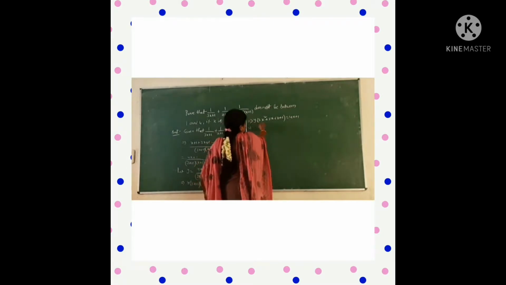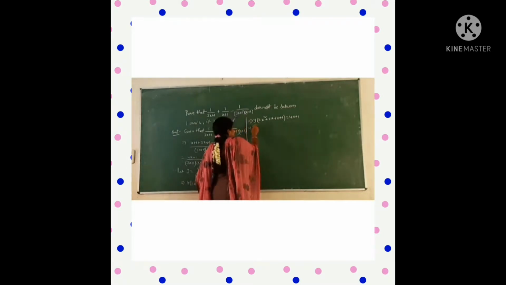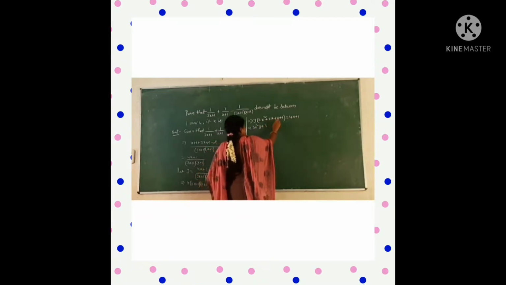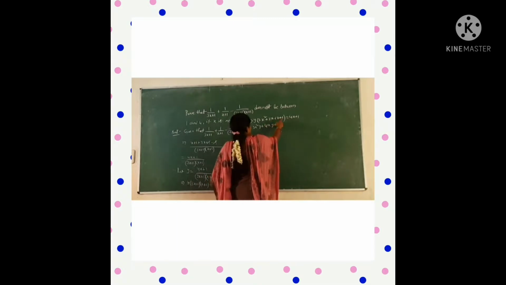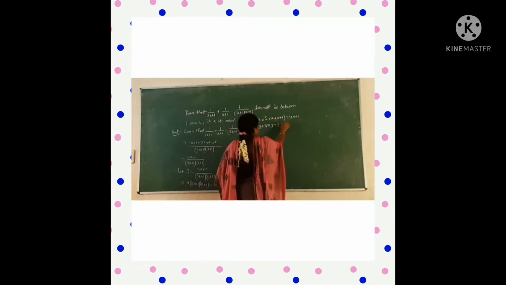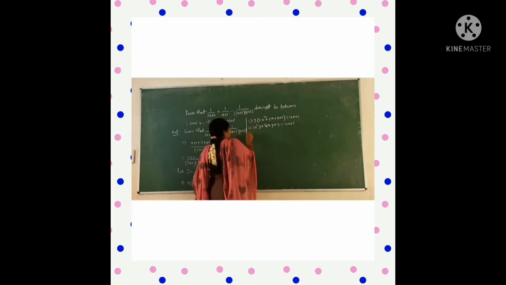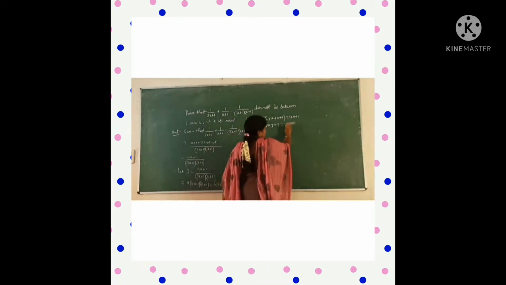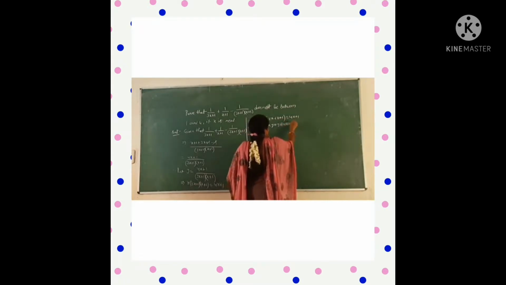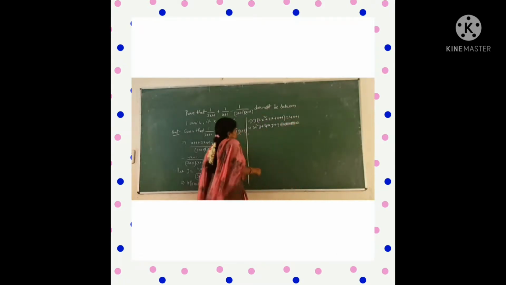Now y multiplied with both: 3x square y plus 3x plus x, 4x. So 4xy plus 1 into y is equal to 4x plus 1. Okay? And this side changes: minus 4x minus 1 is equal to 0.